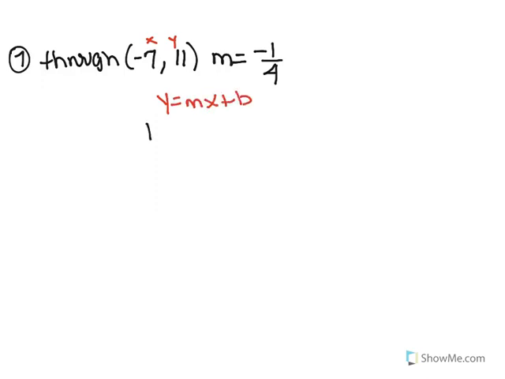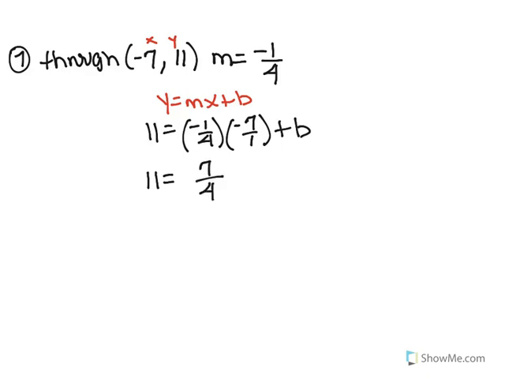So our y is 11, our m is negative 1/4, and our x is negative 7. When we multiply, that gives us a positive 7/4. That can't be reduced.